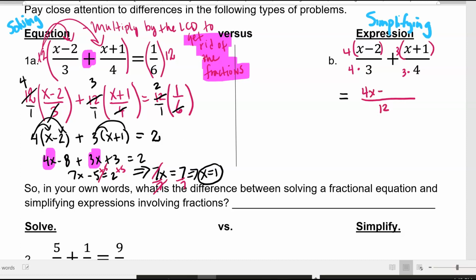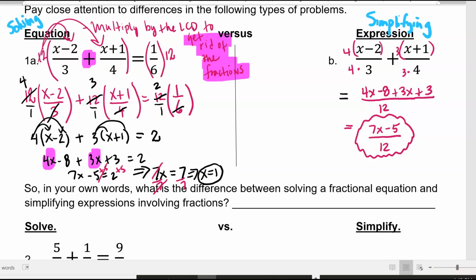That's 4x minus 8 when we distribute, plus 3x plus 3, which is (7x minus 5) over 12. Notice our answers are totally different despite the fact that our problems look very similar.